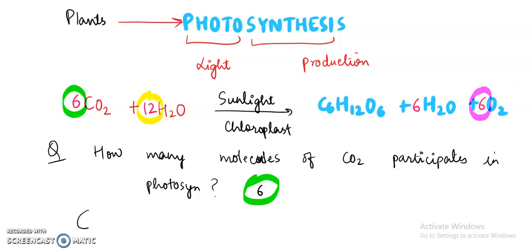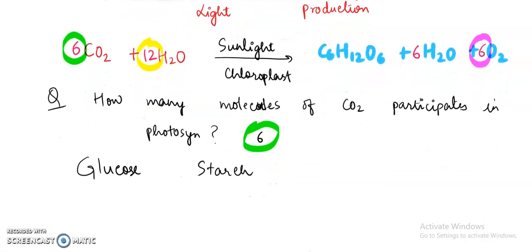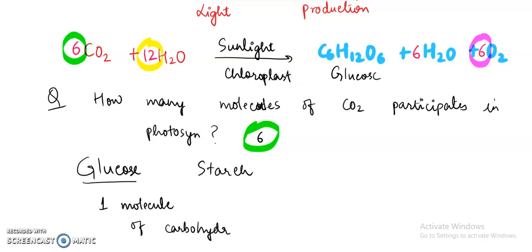Remember, what is the difference between glucose and starch? Some of the students must be thinking why ma'am is writing glucose here, however we have read starch. So remember, when we talk about just one molecule, one little unit of carbohydrate, then this is glucose.